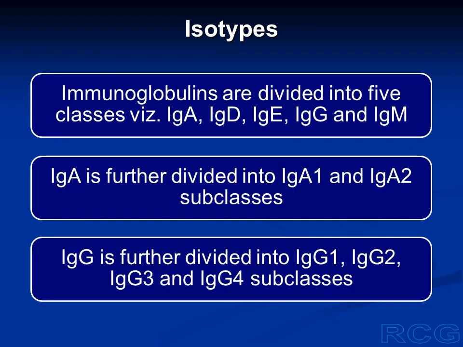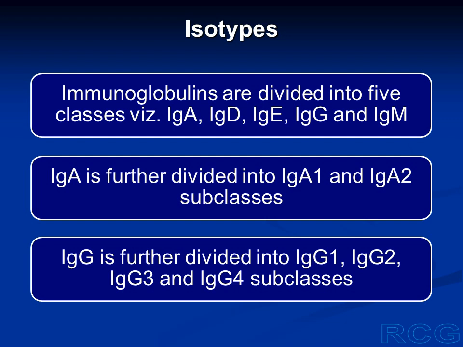Another variant is known as isotype. We have seen that the immunoglobulins are divided into five classes: IgA, IgD, IgE, IgG, and IgM. IgA is subdivided into IgA1 and IgA2. It has two subclasses.